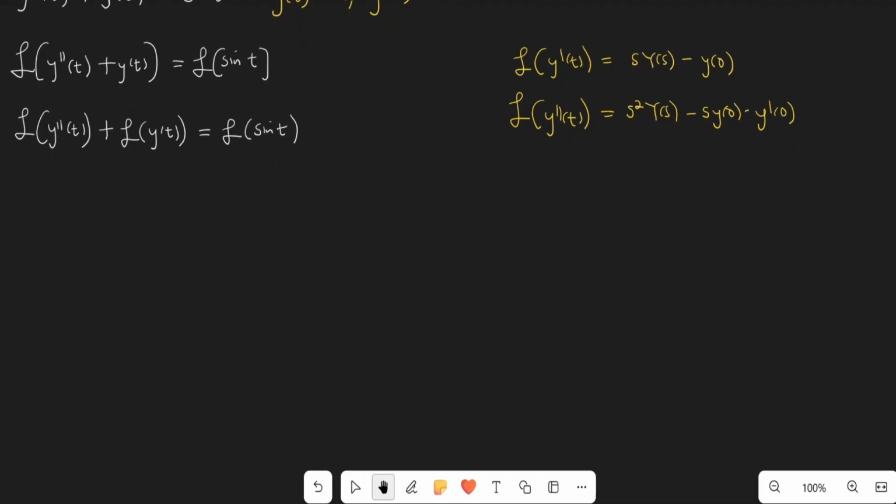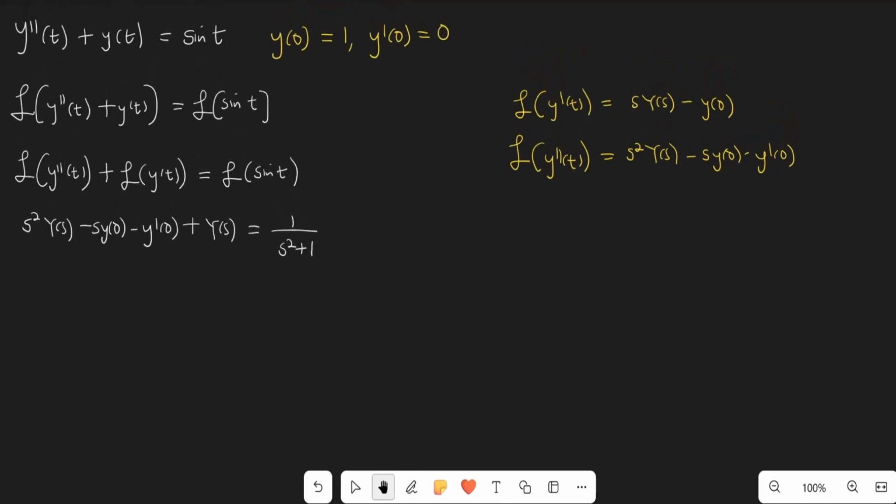Now I replace the Laplace transform of y prime prime of t with what we have here: s squared multiplied by capital Y of s, minus s times y of 0 minus y prime of 0. Those are the initial conditions. Plus the Laplace transform of y of t, which is capital Y of s. And this is equal to the Laplace transform of sine of t, which is 1 over s squared plus 1 squared, and 1 squared is 1.